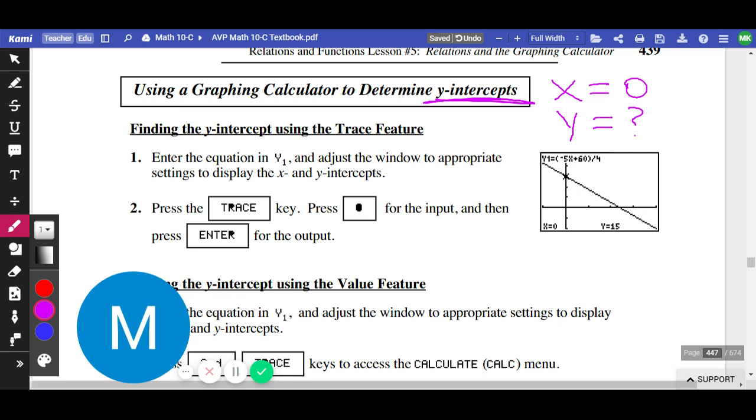All you have to do is hit trace, 0, enter, and it'll tell you where your y-intercept is. Way easier to find the y-intercept, but you've got to remember this little trick. There's no feature for it. You just have to remember x equals 0 for y-intercept. Trace 0, enter, your y-intercept's at 15. You should have this in your calculator.